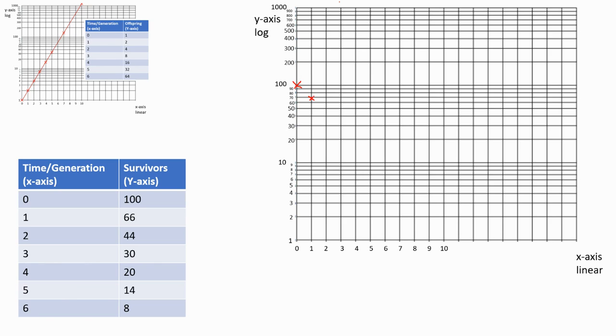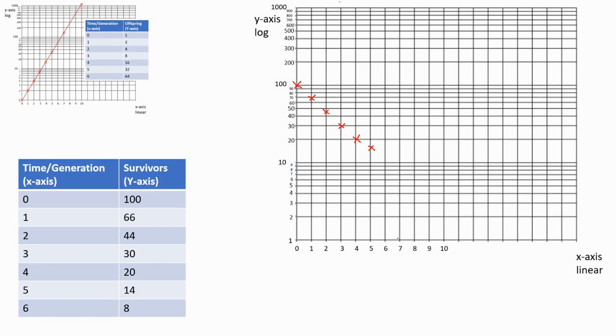And again, your sheet has a couple of in-between numbers that work exactly the same way. 2 is going to be 44, so it's going to be thereabouts. 3 is going to be 30. 4 is going to be 20. 5 is 14, that's about there or so.